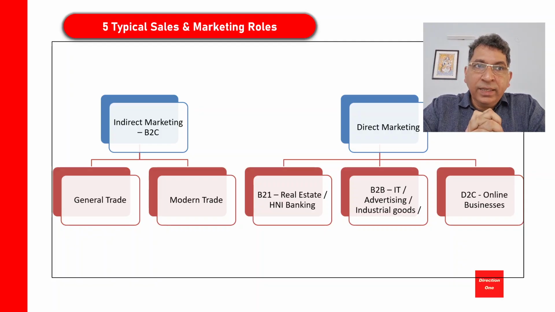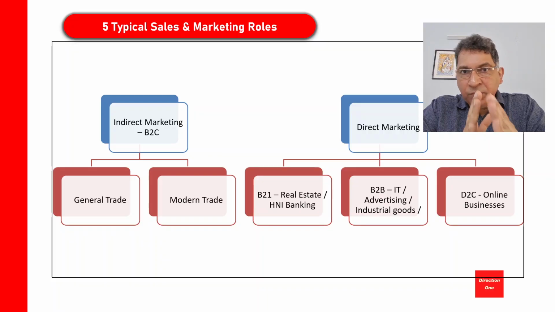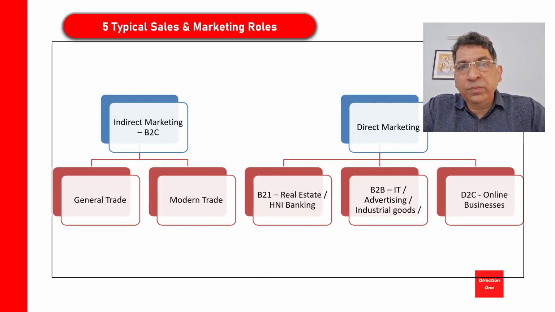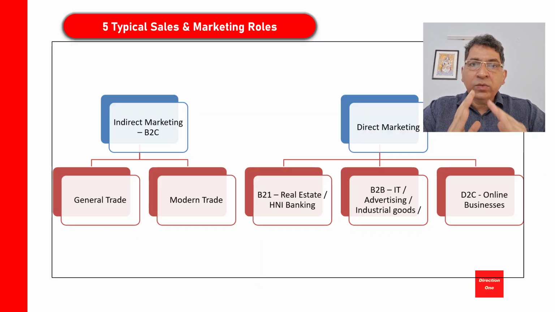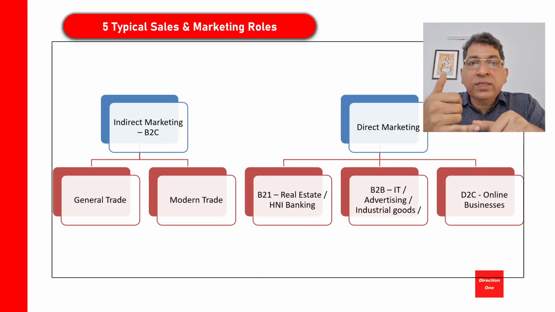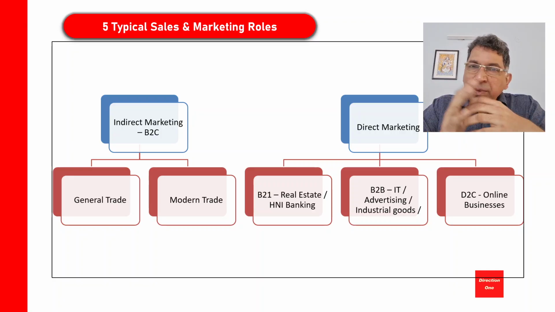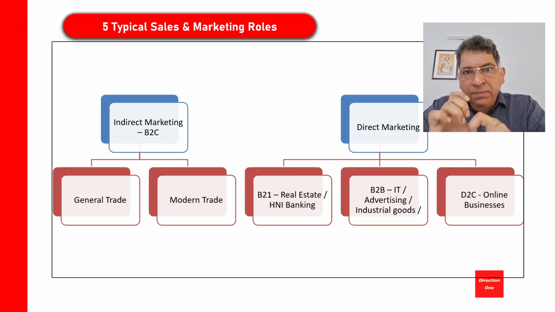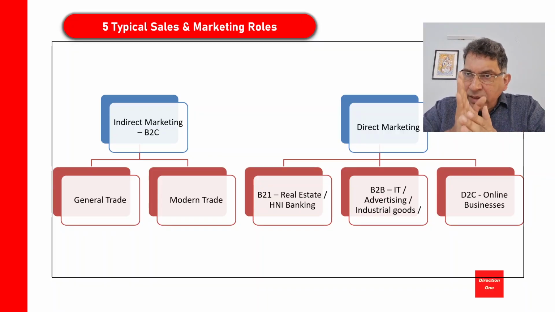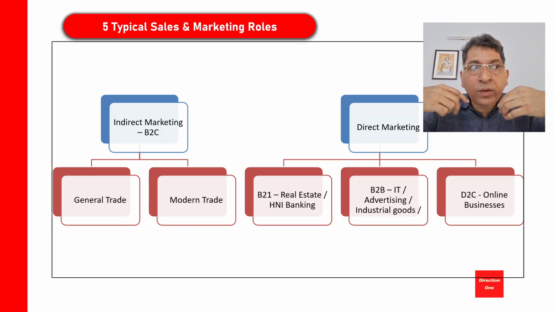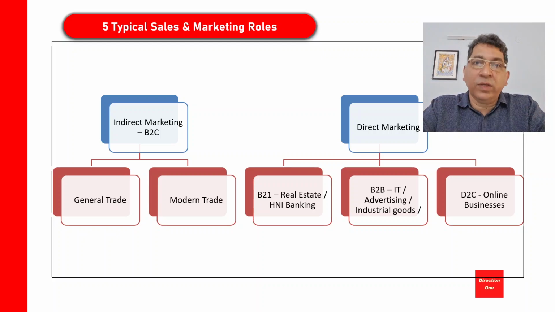All right. The next part, the fourth role that we look at in direct marketing, is someone who's buying the product for himself, but it is a high ticket item. So let's say I'm selling real estate to a high net worth individual. Now there's no channel intermediary involved. There might be a distributor, but you are managing that team to sell directly to the person who's buying the apartment for himself, or buying a high ticket car for himself.